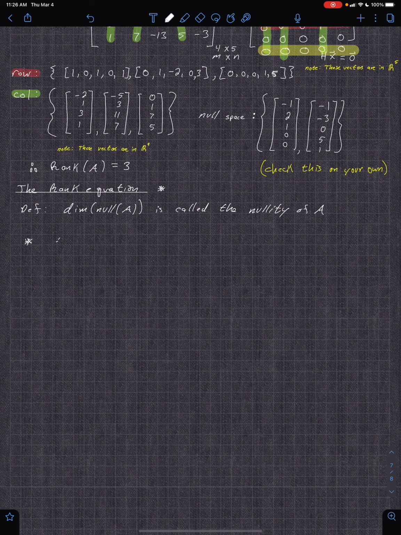For an M by N matrix, where it's row by column, the rank of A plus the nullity of A has to equal N, the number of columns.